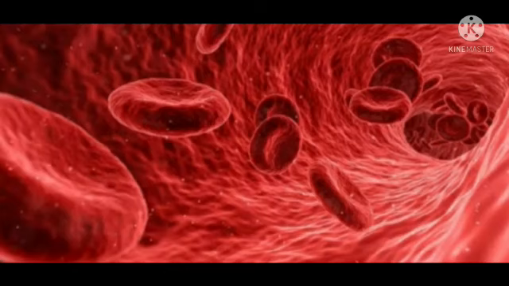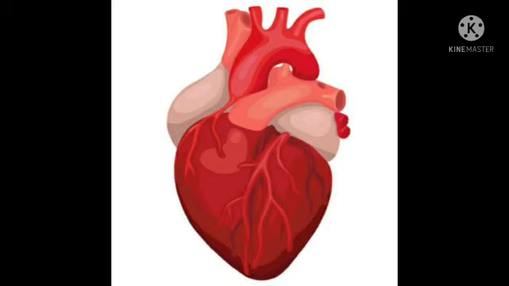Blood is a fluid connective tissue which is carried to all parts of our body with the help of arteries. It plays a key factor in providing blood to organs. We know that there are four chambers present in the heart.